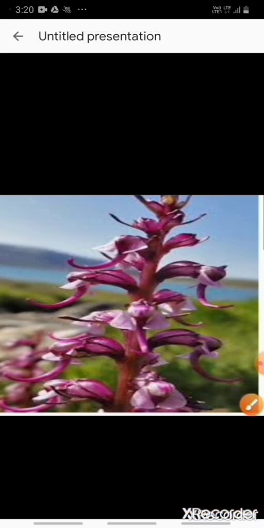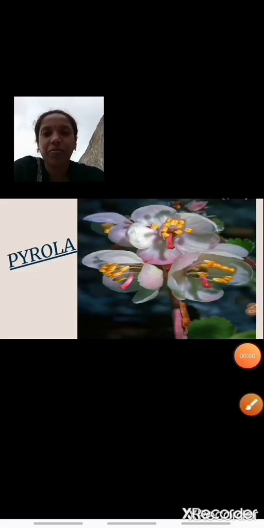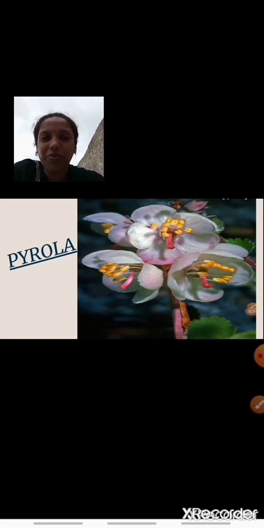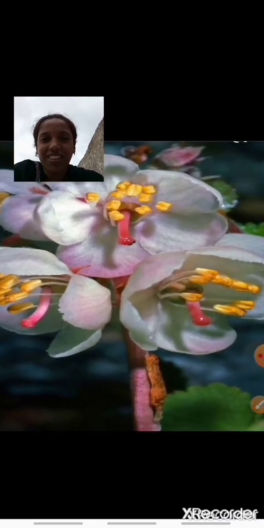So these flowers are also called elephant head. The next flowering plant that we have here is Pyrola. I have enlarged the screen. They are so beautiful, so colorful. These different varieties of plants are gifted by nature to the people living in Greenland.